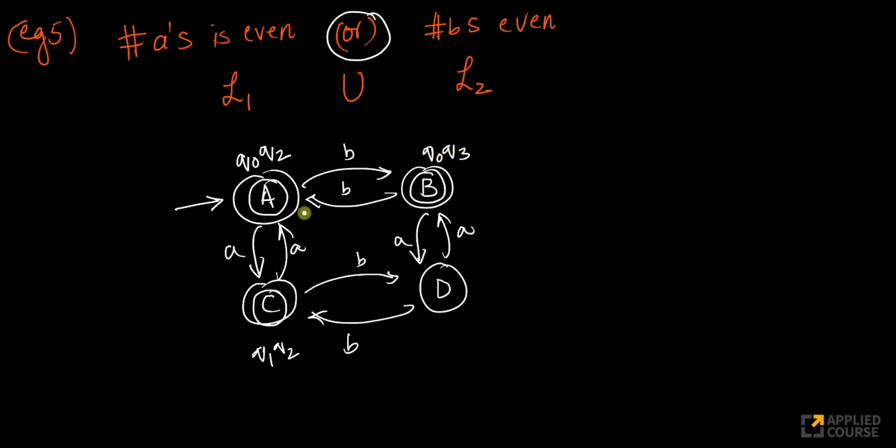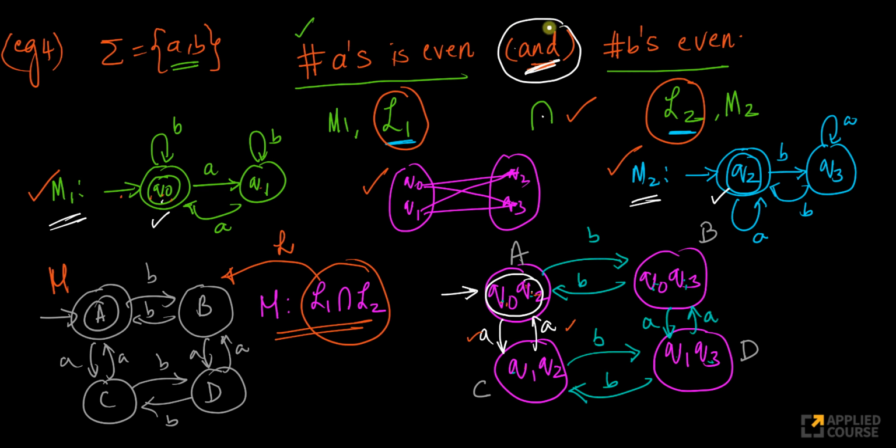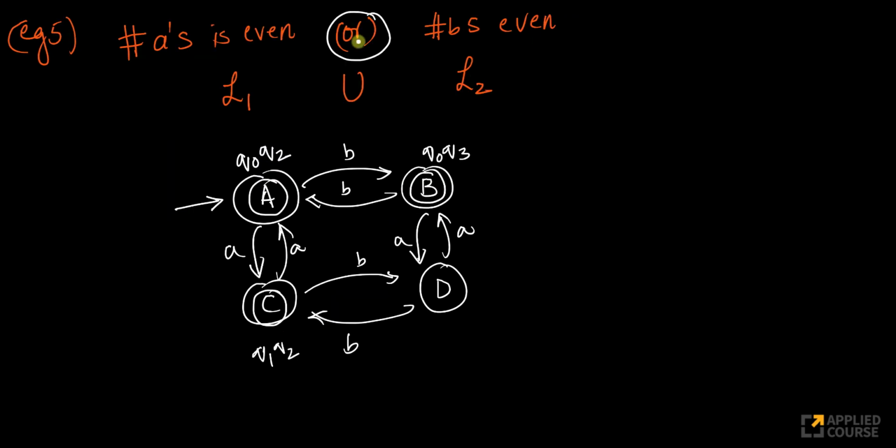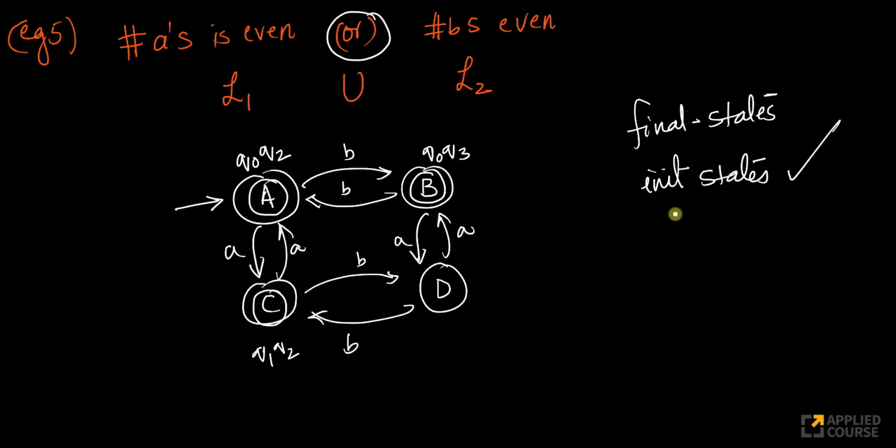So the only difference between logical AND, or the set intersection, and OR, or set union, is in deciding final states. The initial state is the same thing, just like in the previous example. The final states concept changes.